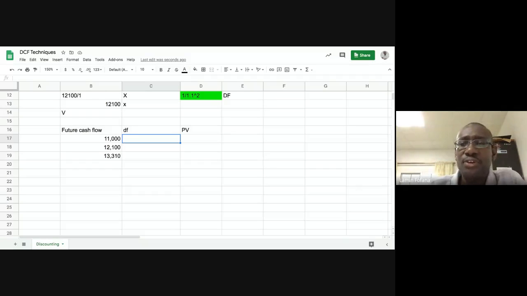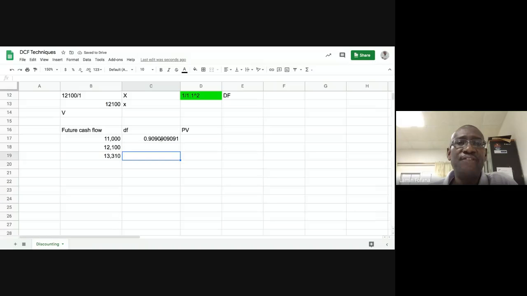On your calculator, just type 1 divided by, bracket opens, 1.1, close the bracket, then use the inverse key, 1, then enter. By default, discount factors are usually expressed to 3 decimal places.